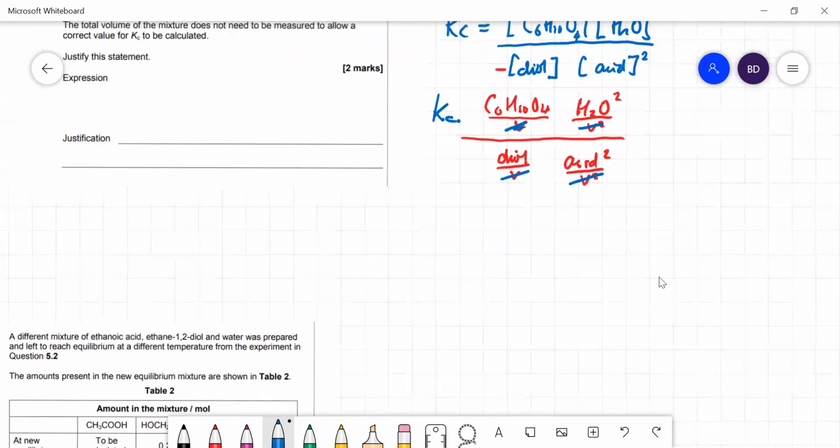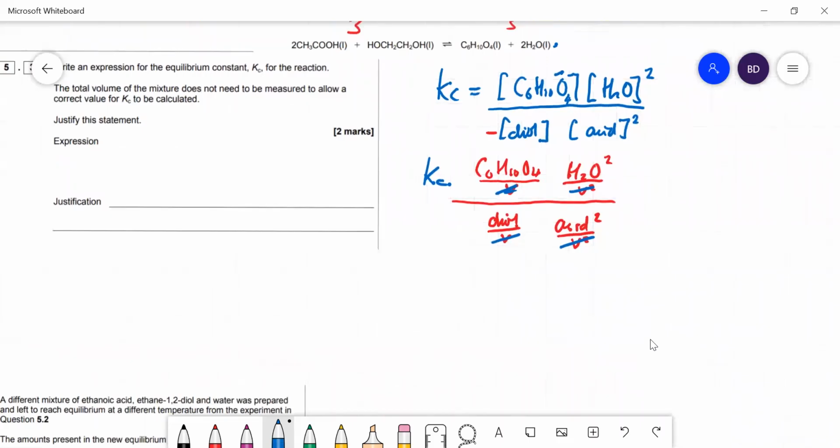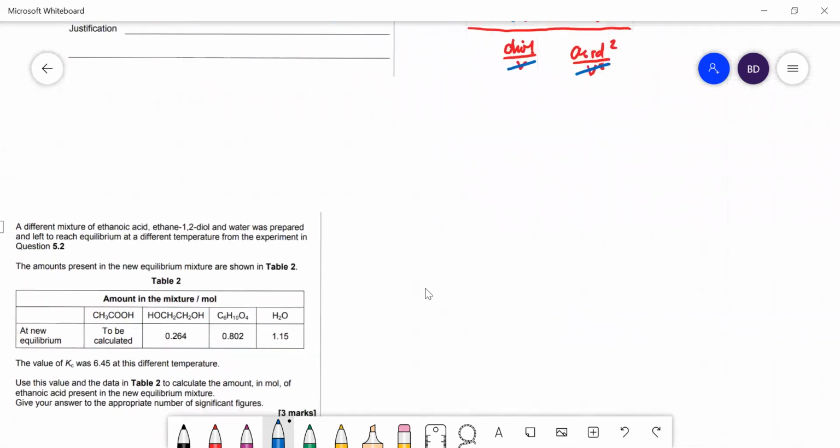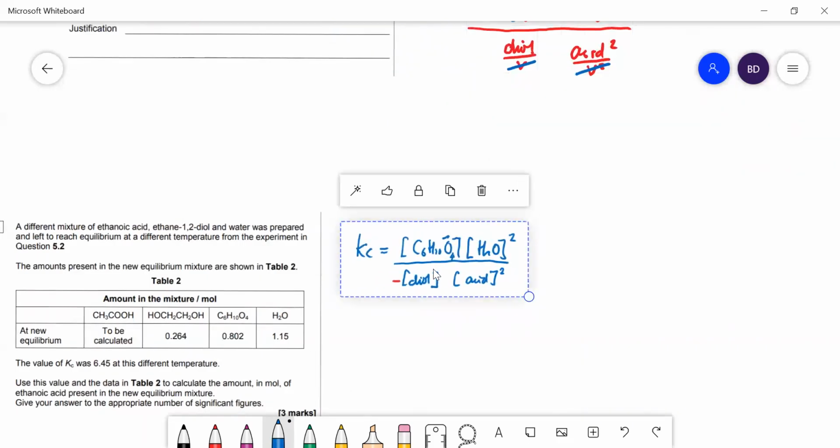Right, I'm just going to copy this expression for Kc, because I'm going to need that in the next bit. So we've got our expression for Kc there.